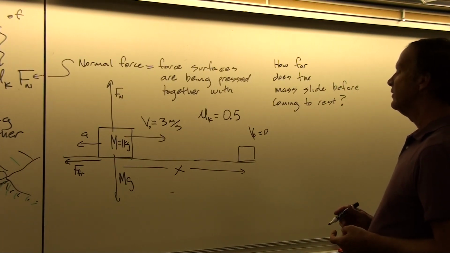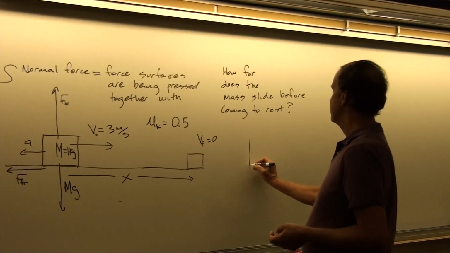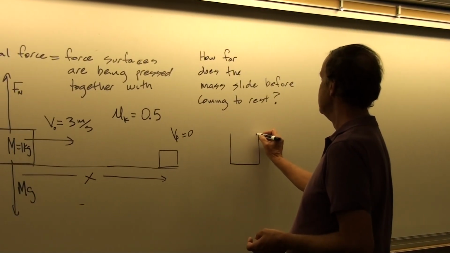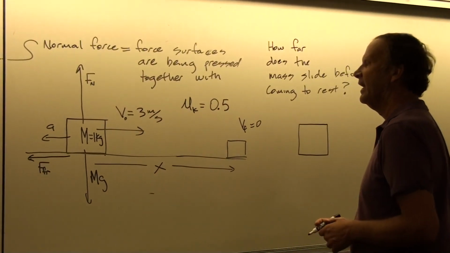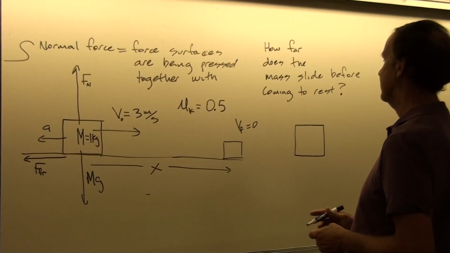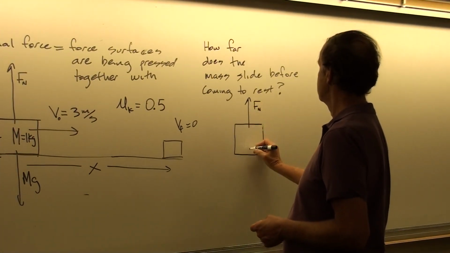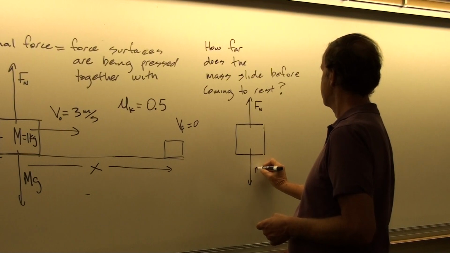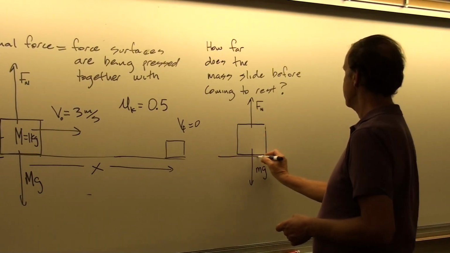So what we want to do first is look at the free body diagram. The free body diagram has nothing to do with the initial velocity. That's not a force vector. But it does have to do with the normal force and mg, because mg determines the normal force for this problem.